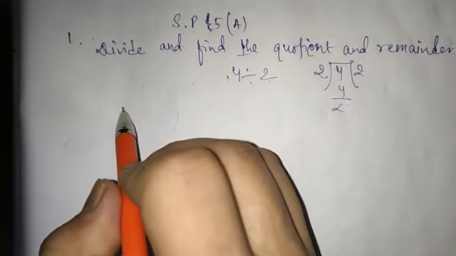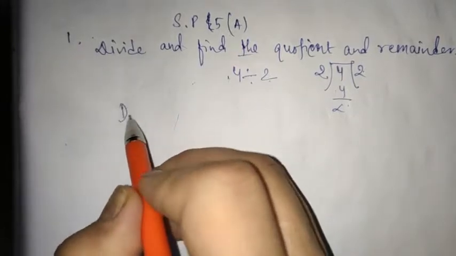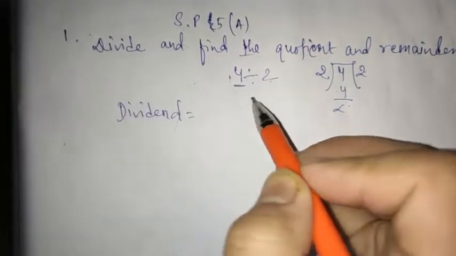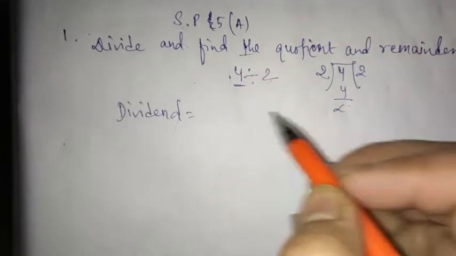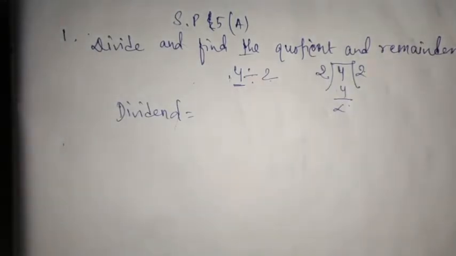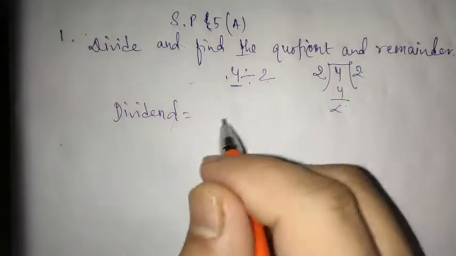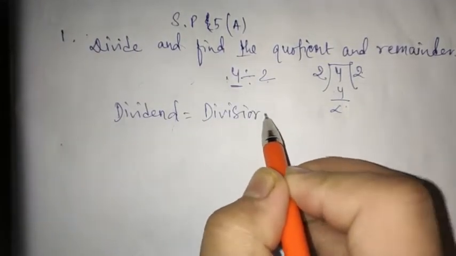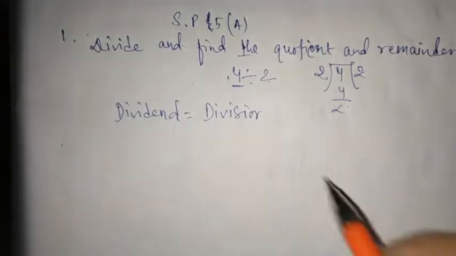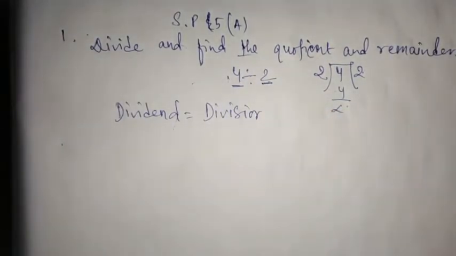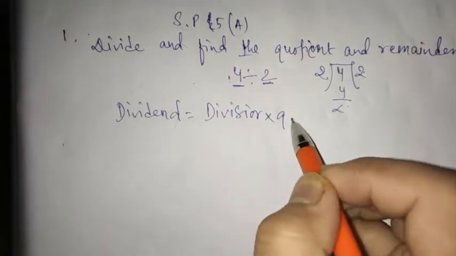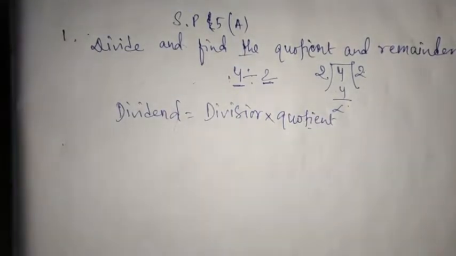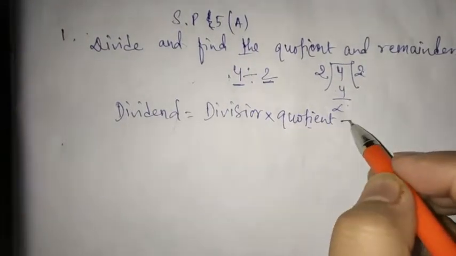So the method will be: dividend, the number you are dividing. In this example, 4 is your dividend. This is just an example, no need to write, just listen to the concept. Dividend is equal to divisor, with whom you are dividing, this is 2, divisor 2 here, right, into quotient, how many times you are dividing with that divisor, here it is 2, plus remainder.